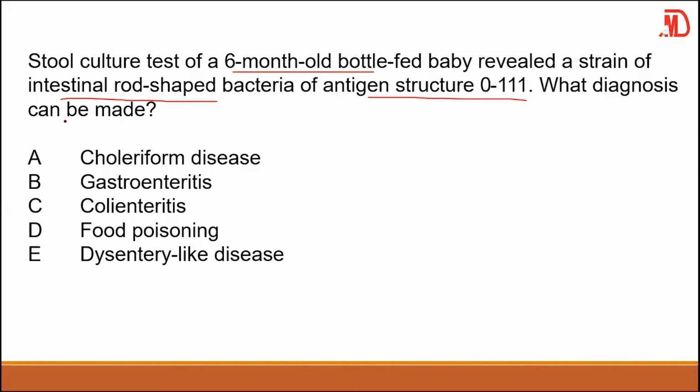Just like me saying we're having a staphylococcus, as a microorganism. Of course, this is a staph infection. The same way when you see an antigen structure of O111, we are definitely thinking of E. coli enteritis. So your answer here is C, E. coli enteritis.